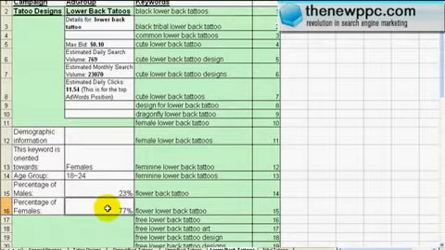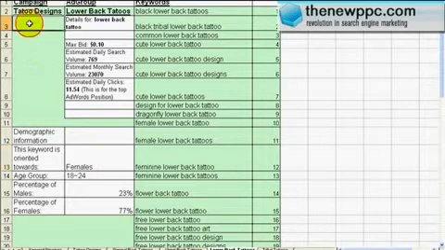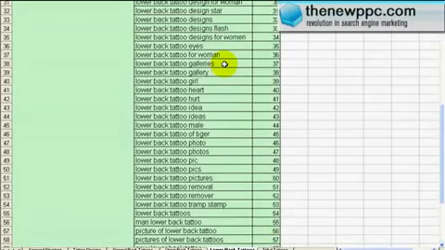Percentage of females is 77. Percentage of males is 23. This keyword is oriented towards females. Now for the most part, lower back tattoos is a female thing. Yes, it certainly is. So when you actually go to advertise on MSN, you can actually use this data and target only those customers. And again, these are all your terms.